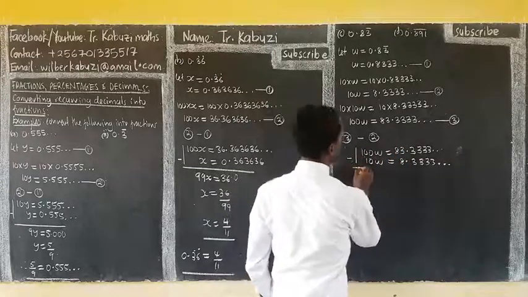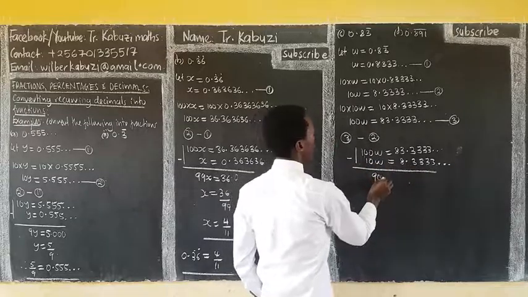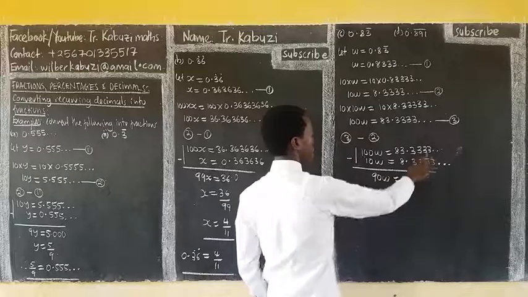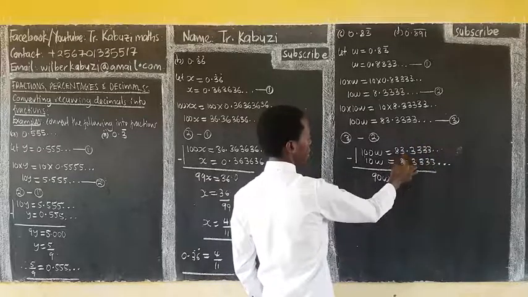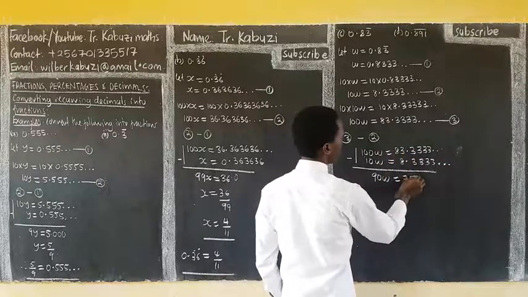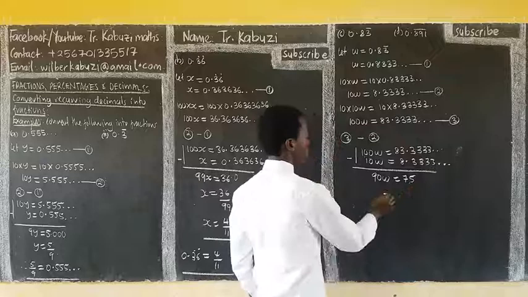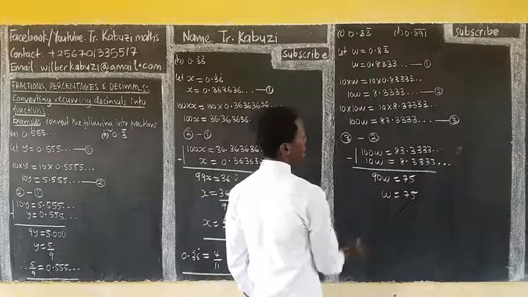So I subtract. This side I get 90W equaling, this will give us 0, 0, 0, 0, 3, 83 minus 8, where we get 75. Then we divide through by 90 on this side and by 90 on this side.